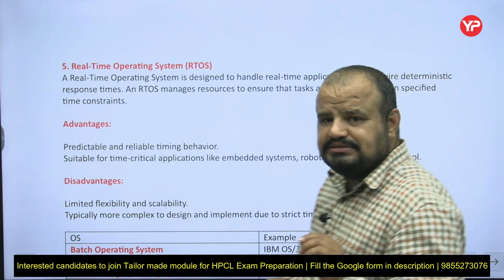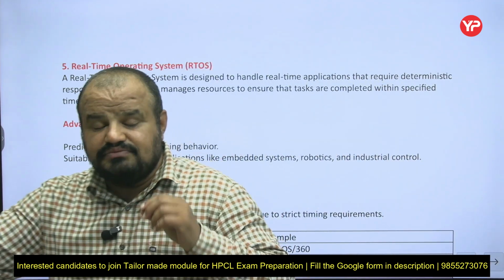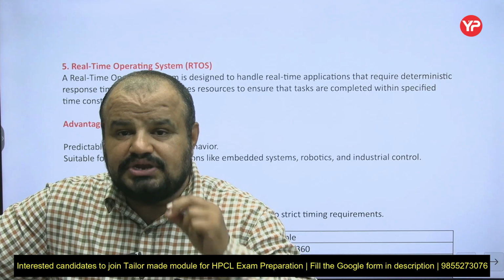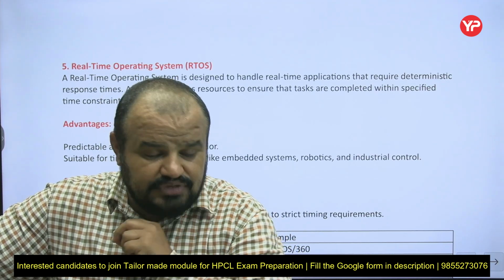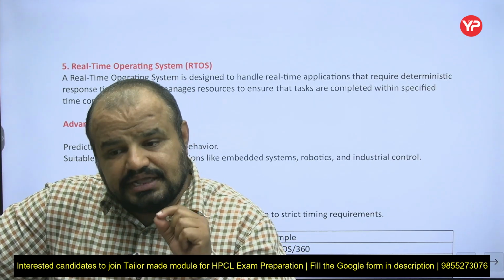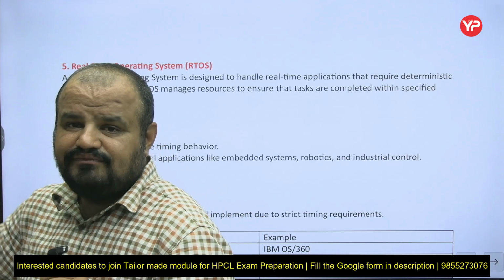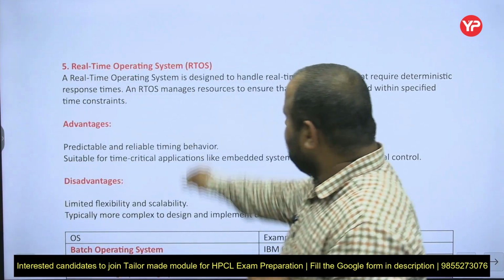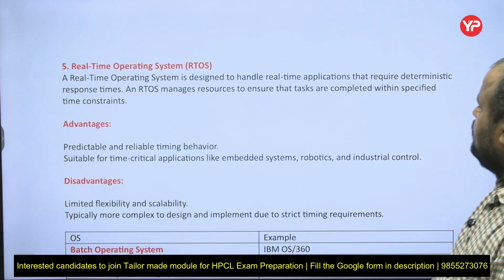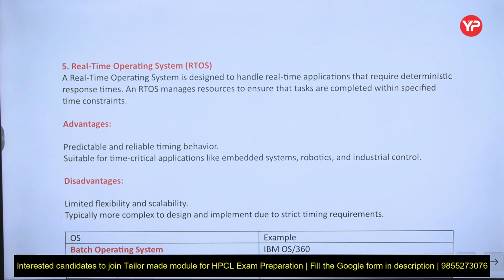They are the operating systems in which we are very strict towards the delay. We do not require even a single nanosecond of delay. Fine. So a real-time operating system is designed to handle real-time applications like in ISRO, NASA or DRDO.